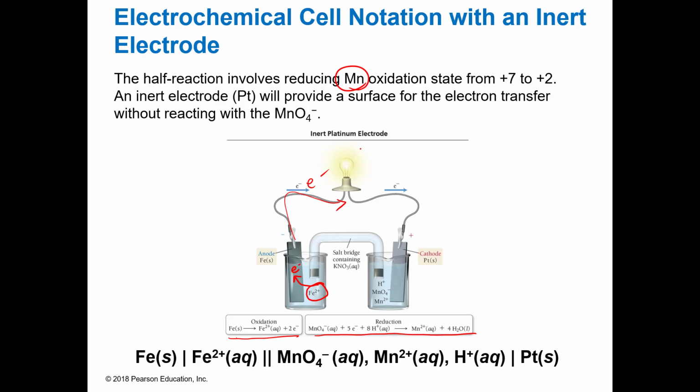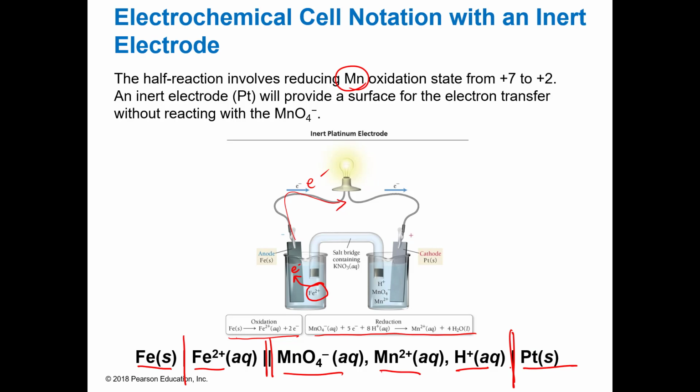And so to write this one with an inert electrode, we have the iron one that's your typical with your iron solid and your iron aqueous solution. Then you have your salt bridge. But on that other side, you have the whole thing going on. You have the permanganate making the Mn2+, and then you have your platinum electrode there.